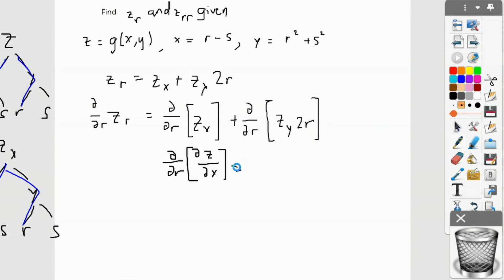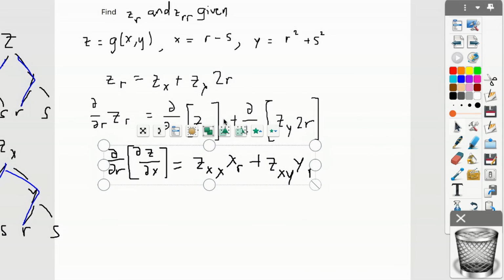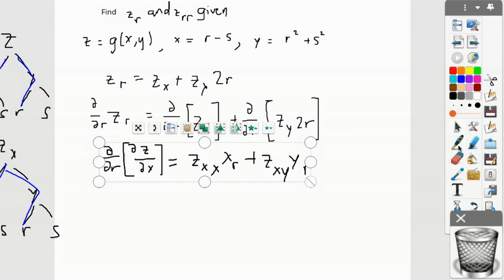This is equal to z sub x sub x times x sub r, plus, right, so you're taking z sub x, taking a derivative with respect to y, z sub x sub y times y sub r. And that is your first function right there.